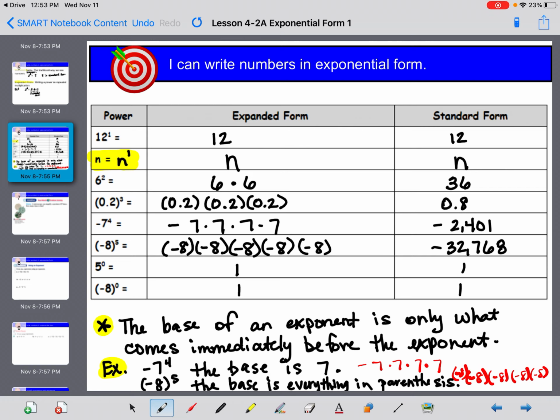Any number to the 0 power is 1. All right, once you have those notes, continue on with the video.